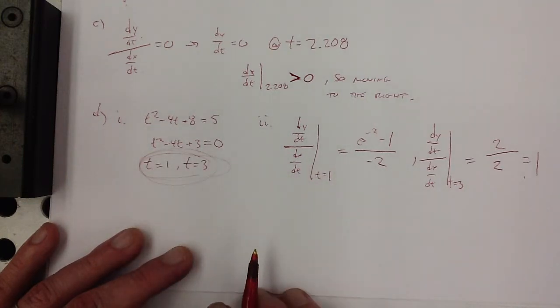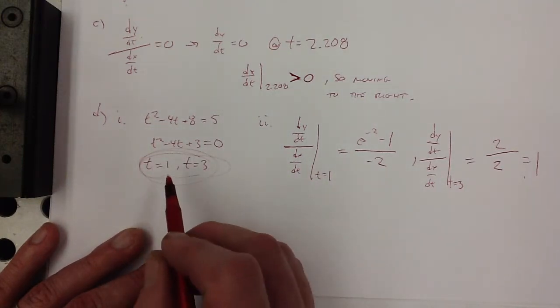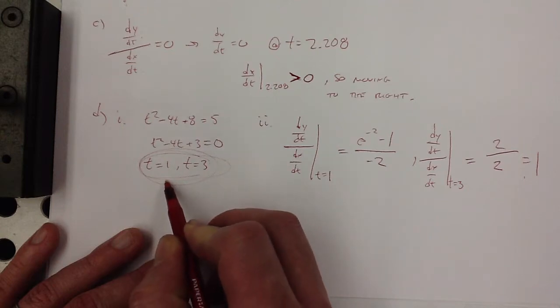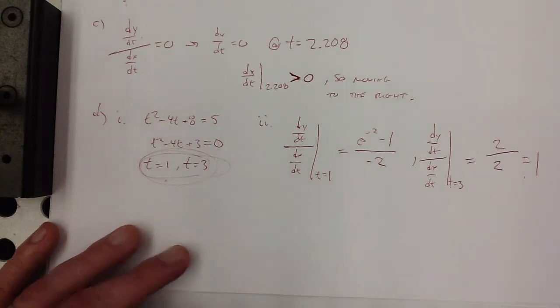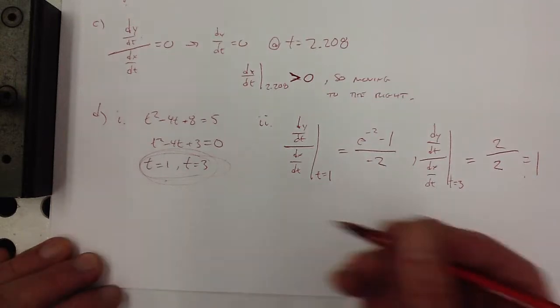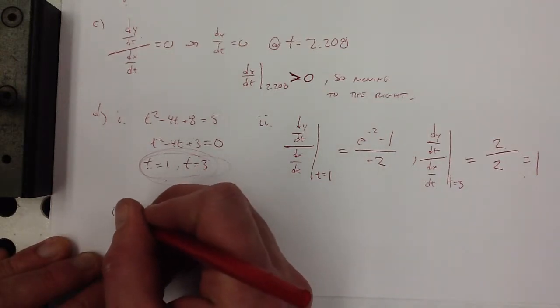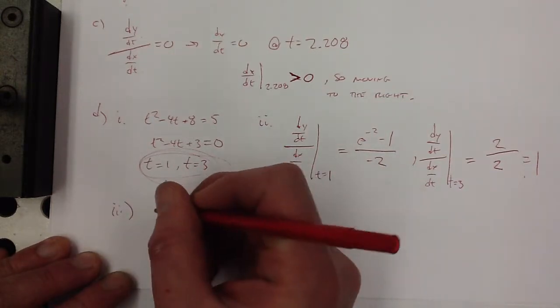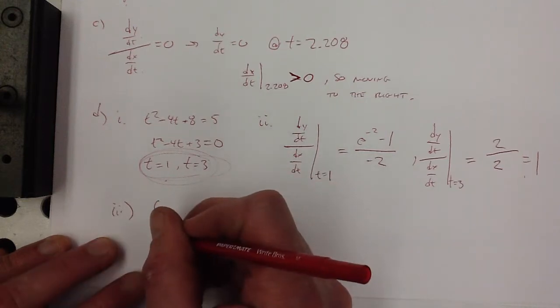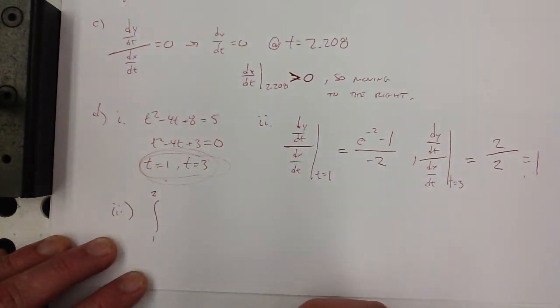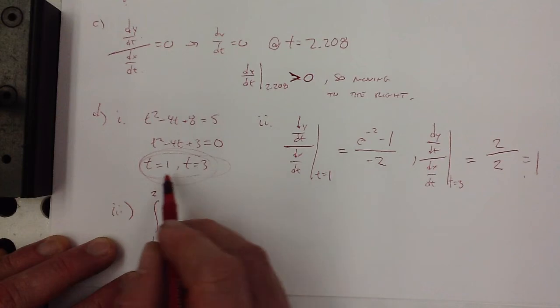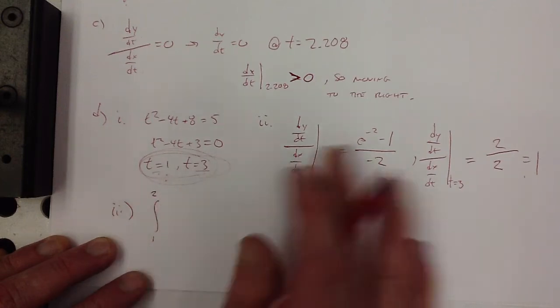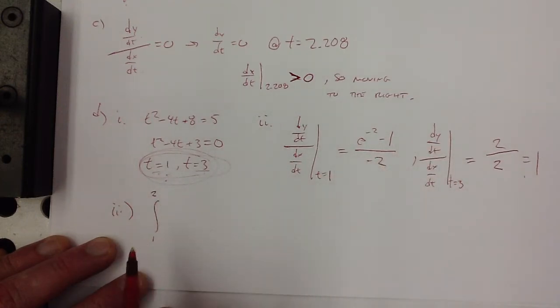We could use either one of these times, right? So you can set up your fundamental theorem integral. You can do the integral from 1 to 2, or from 2 to 3, because at those two times it's at the same point. So they're both going to give you the same y-coordinate.